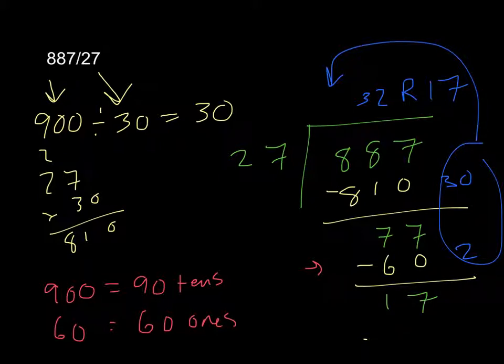Let's try one more problem. 839 divided by 41. What I would do is take 840 divided by 40. What I'm going to do is I know that 4 goes into 8 2 times, and I know that 4 goes into 4 once.